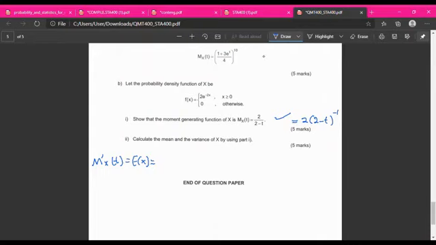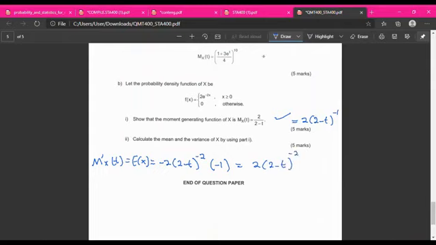So you akan dapat differentiate this, you akan dapat negative 2, right? 2 minus t power of negative 2, then multiply dengan negative 1. The negative 1 ni bawa ke depan, darab dengan 2, negative 2, and then salin balik yang ni, dia punya index tolak 1 lah kan, and then differentiatekan function kat dalam ni with respect to t, so you akan dapat negative 1. So apa you akan dapat adalah 2 times 2 minus t power of negative 2.